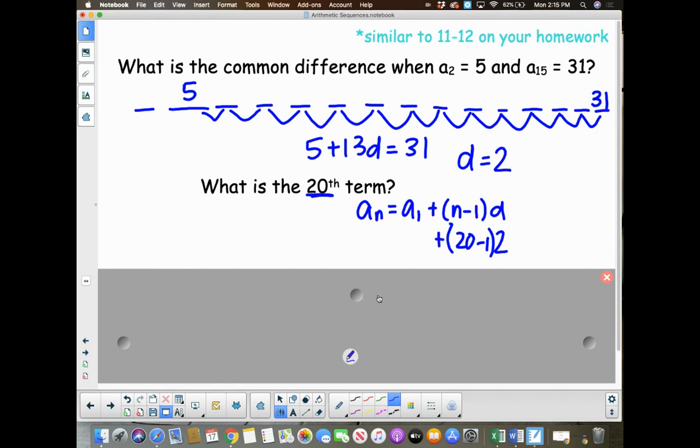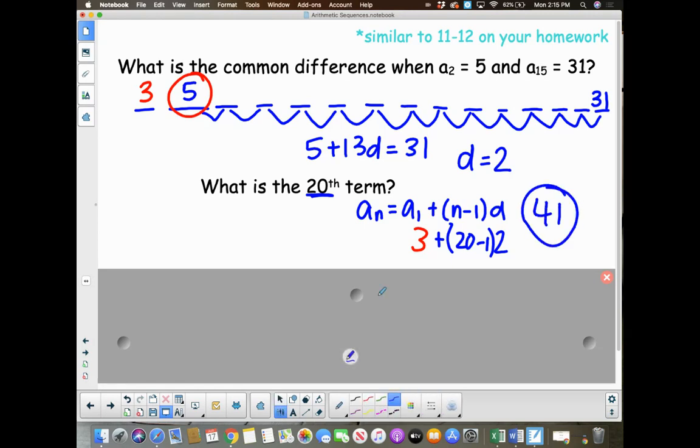But our first term, if you notice back up here, it's a different color. That's our second term, but if we know our common difference, we can go backwards and say if our common difference is 2, then this must be 3. So then from there, we can easily figure out what our 20th term is. And that should be 41.